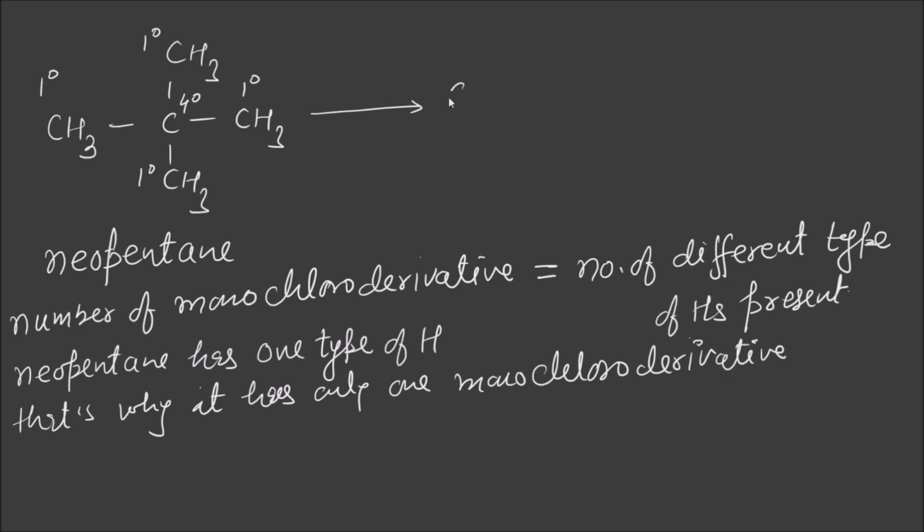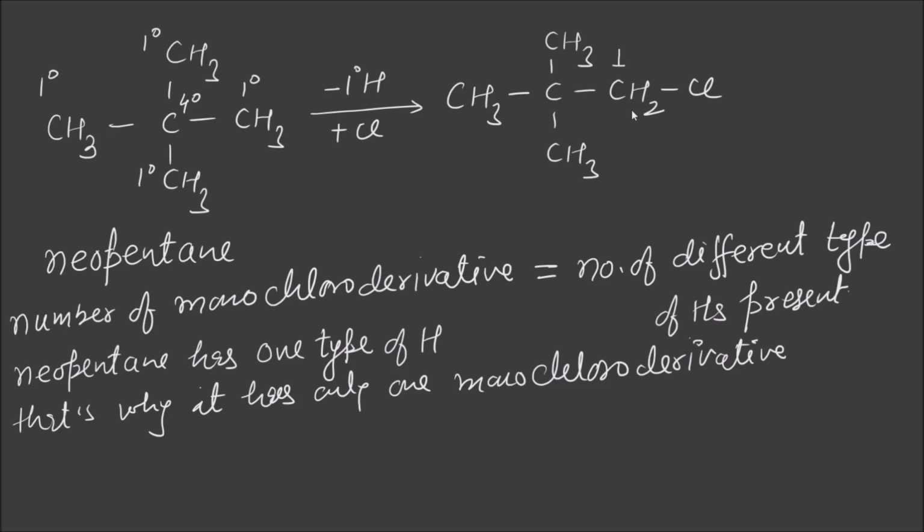So that means it is CH3, CH3, CH3, CH2Cl. So tell me, what is the IUPAC name of this compound? We apply the lowest locant rule. So chloro gets number 1 and then methyl gets number 2.